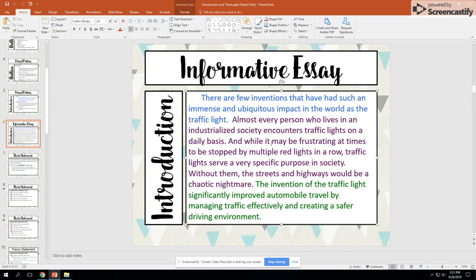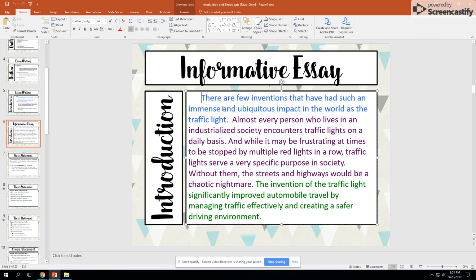And while it might be frustrating at times to be stopped by multiple red lights in a row, traffic lights serve a very specific purpose in society. Without them, the streets and highways would be a chaotic nightmare. The invention of traffic lights significantly improved automobile travel by managing traffic effectively and creating a safer driving environment."